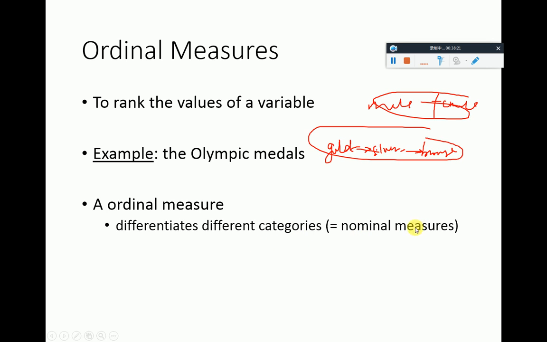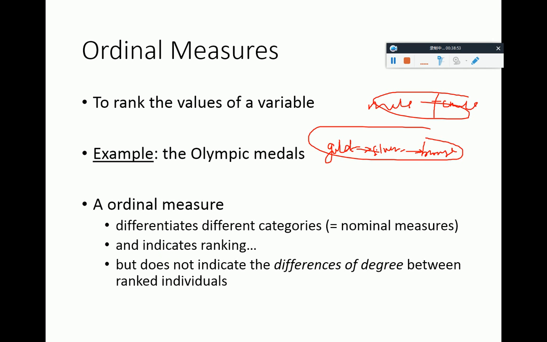That's what a nominal measure can do, and an ordinal measure can do the same thing, can distinguish between different groups of sportsmen or sportswomen. But at the same time, an ordinal measure can do something that a nominal measure cannot do, and that is to indicate ranking. We can easily and meaningfully say that silver is better than bronze, and bronze is not as good as the gold medal winner.